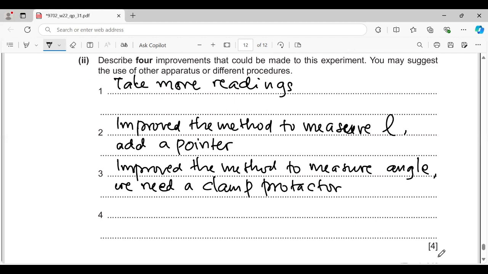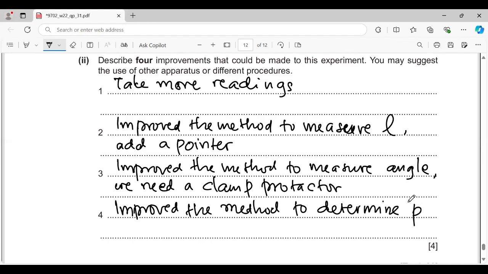And number four, improve the method to determine P. Again, we need to add a pointer.